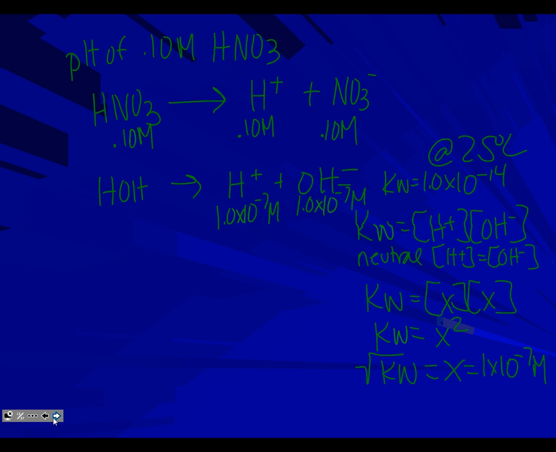So who's contributing here to our hydrogen ion concentration? Is it getting most from here, or are we getting most of them from our water? It's really easy. It's whichever one's the bigger number is the bigger contributor. So in this case, if we wanted to calculate the pH of this particular solution, all we would need to do is look at our strong acid, because it's giving us the majority of our hydrogen ions.